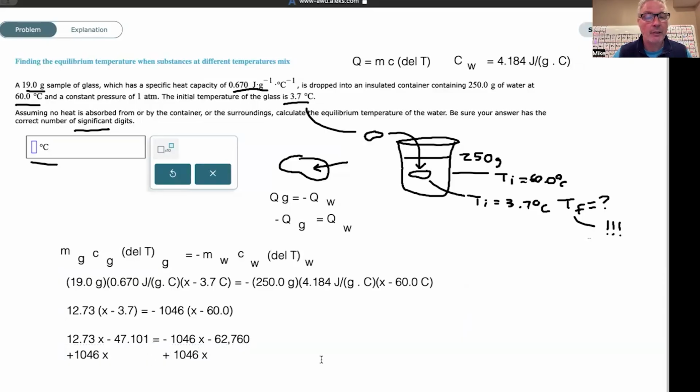All right. And of course, what that will do is get rid of the X's on the right. And now I've run out of space.